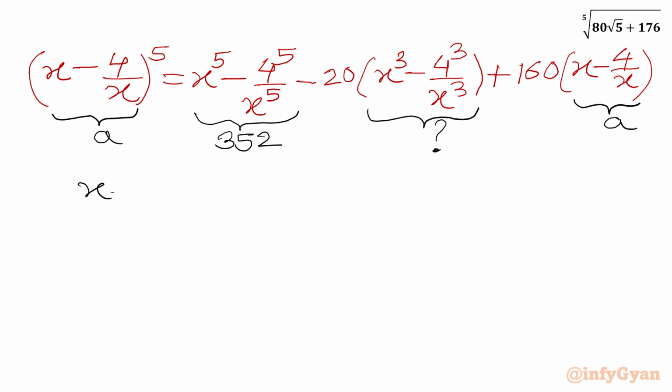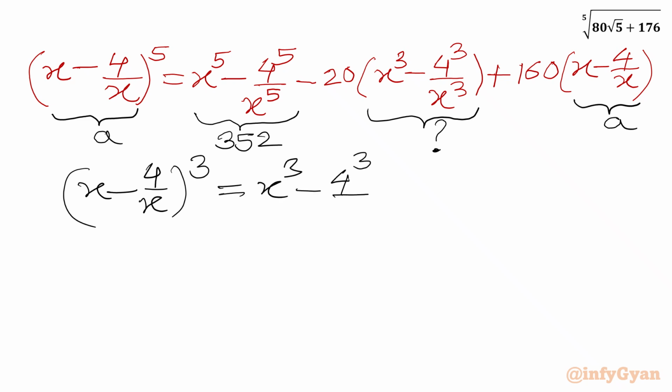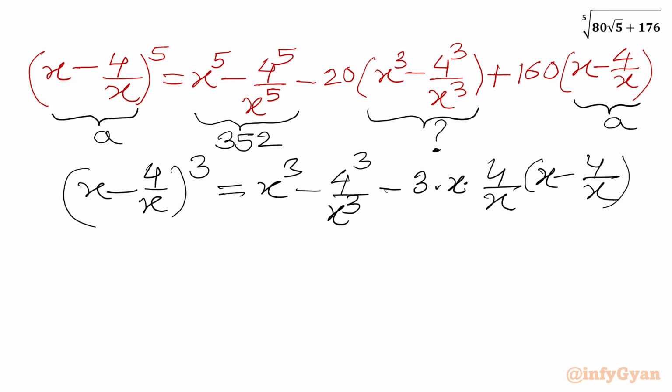I will write here the x minus 4 over x whole cube formula. This will be equal to x cube minus 4 cube over x cube minus 3 times x times 4 over x times x minus 4 over x. So x minus 4 over x is a.